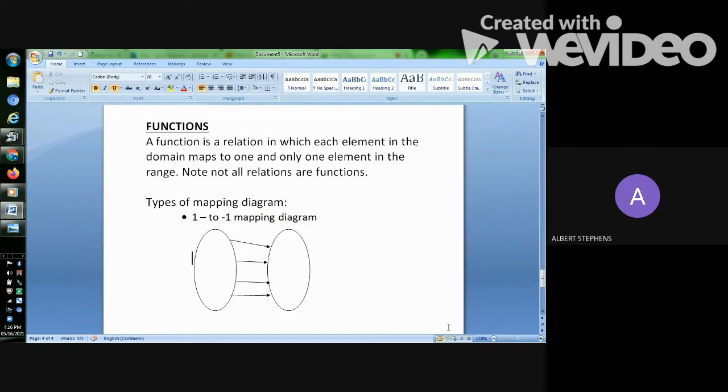My question to you, is a one-to-one mapping diagram a relation? Sorry, a function. Yes, sir. It is, right? Because I mean, look at the definition. Remember, on the left-hand side would be our x values, don't you? So let me put it up here.